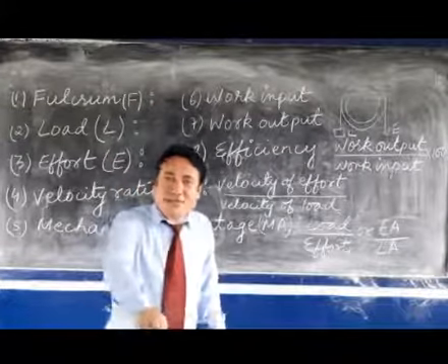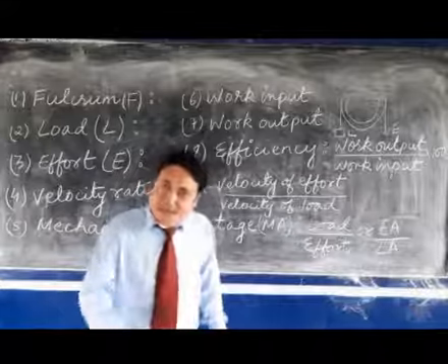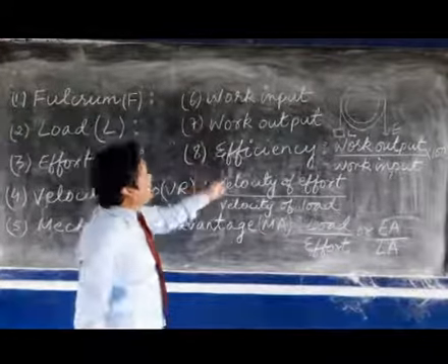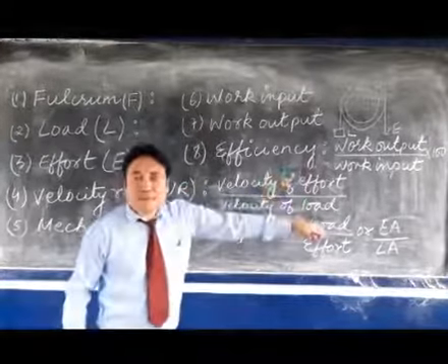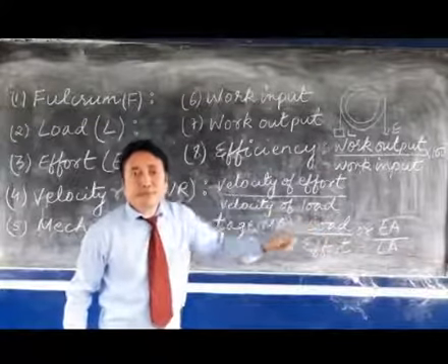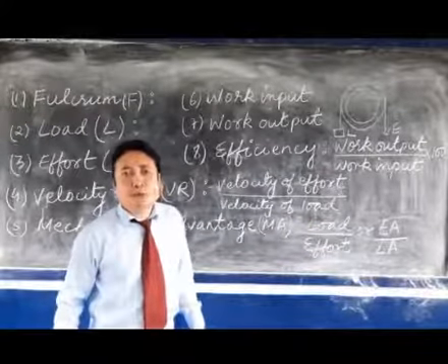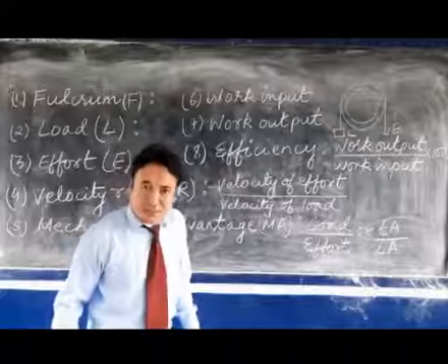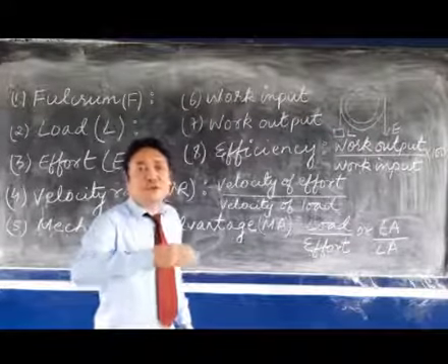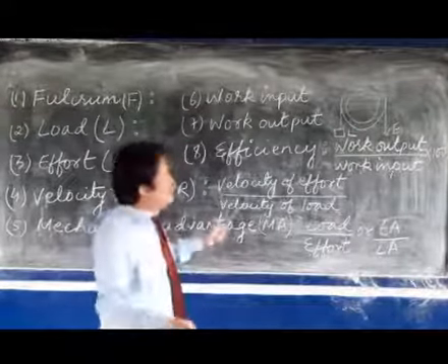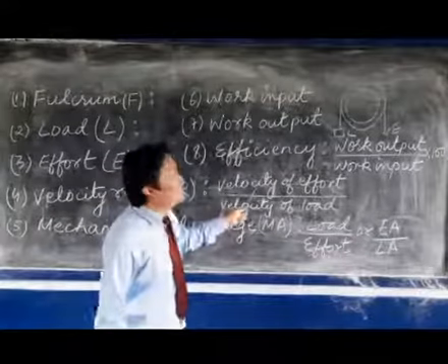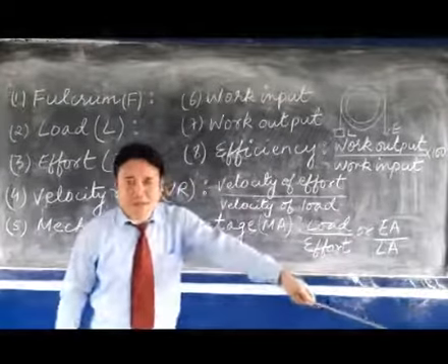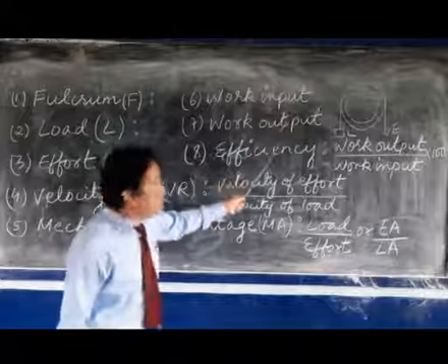The car jack itself will not be able to do the work. So work input means the work done on the machine. First of all you have to do some work on the machine, then only is the work done by the machine. And work output means the work done by the machine. So this is work input and work output.